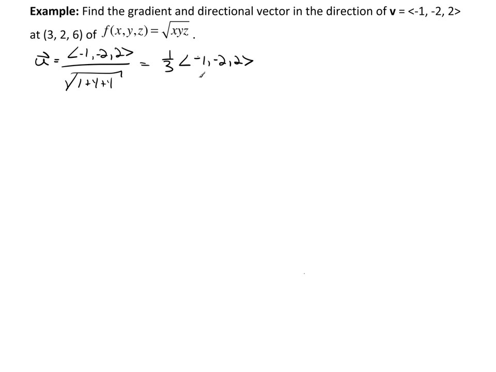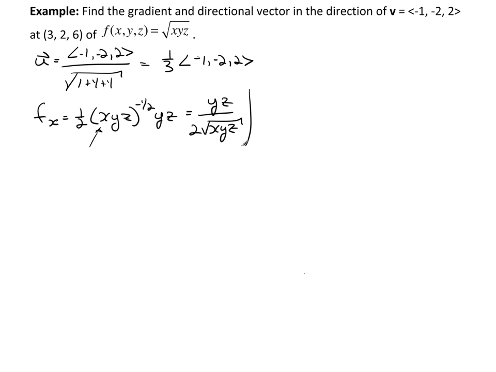So let's go ahead and find the partials that I need. The partial with respect to x is going to be, obviously I'm going to have a 1/2, and then xyz to the -1/2 times yz, because I'm taking the derivative with respect to x. So that's going to be yz over 2 times the square root of xyz.